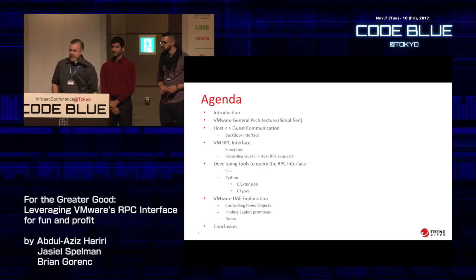What we're going to be talking about today is kind of an overview. We're going to go over a general architecture of VMware, how it works. We're going to go over how some of the host to guest communication actually occurs.